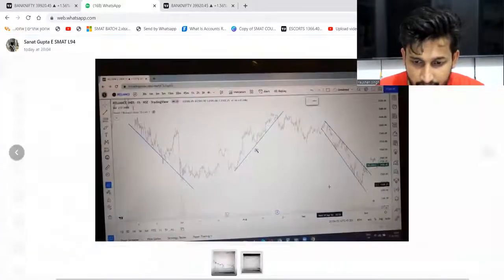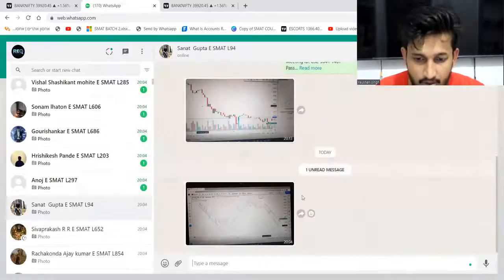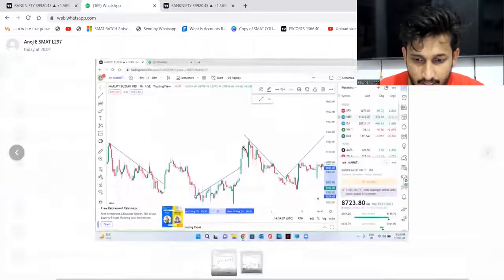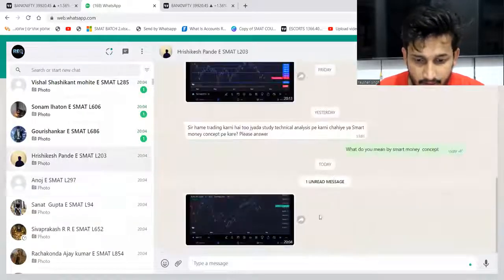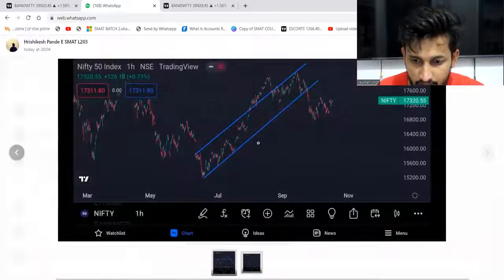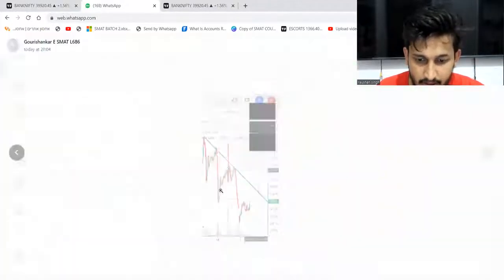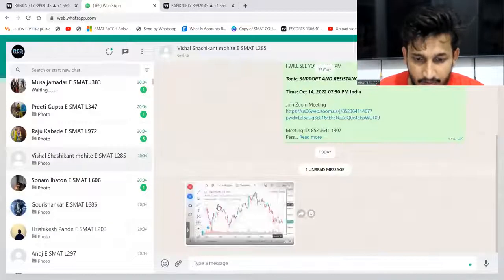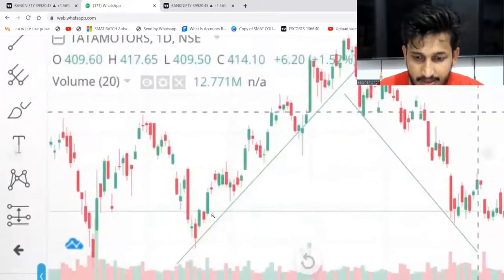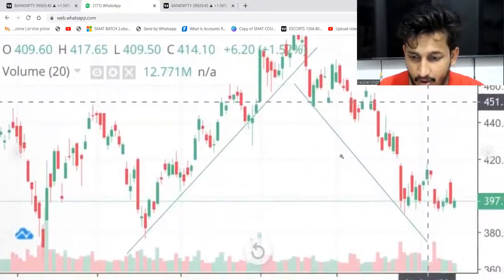Either try to touch the highs of the candle or the lows of the candle. Okay, correct. This is also fine because the market has moved up like this. Gauri Shankar, correct. Vishal, correct. You can see this is how we have to draw.